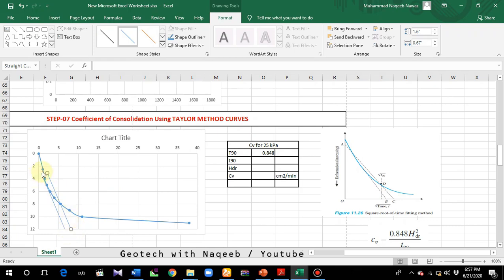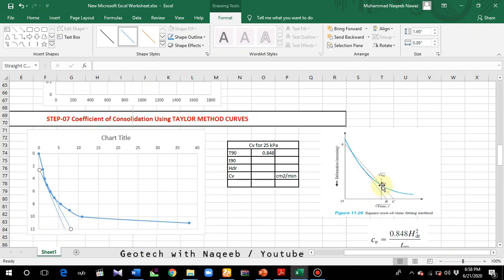I'll have to draw a line from this point which will meet the point where the initial curve is joining the y-axis. So where this line touches the curve, corresponding to this we have the square root of T90 value. It is 4.9 approximately here.